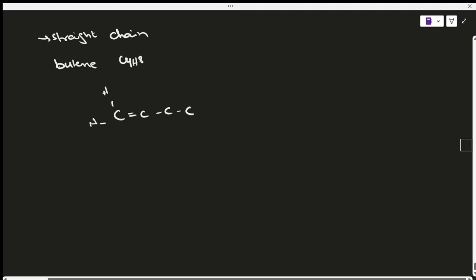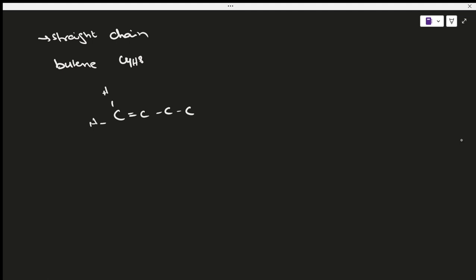Okay, so this is 1, 2, 3 and 4. Right, so this is butene. But if we were to talk about the isomer for this, you can say the straight chain one, but that is more related with the position of the double bond.